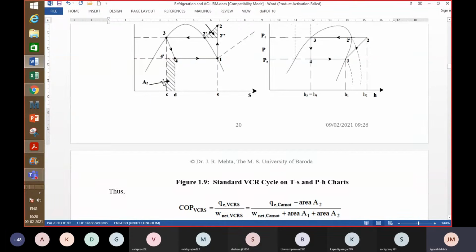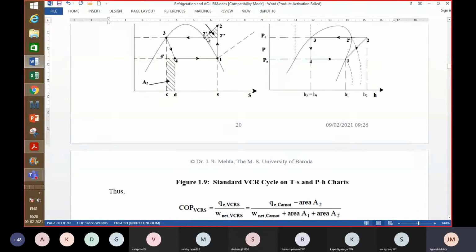And what about the work that is consumed in the cycle? The work consumed in the cycle has increased as compared to the reverse Carnot cycle in case of the VCR system. So this is area A1. You can very clearly see this hatched area that has increased the area inside the cycle. Because of that, this additional area A1 is added.